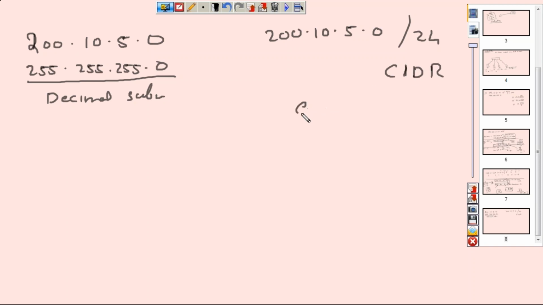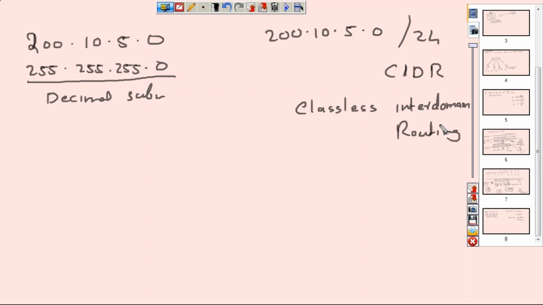And that stands for classless interdomain routing. Remember the classless part? We talked about classful networking and subnetting.